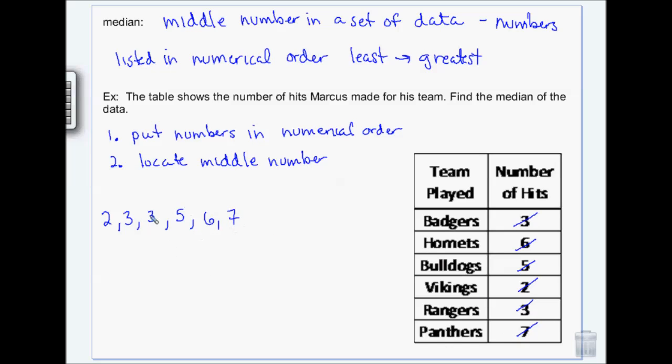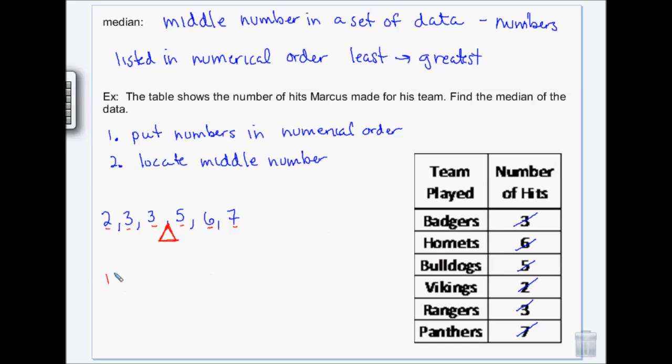Now I'm going to actually look at the middle number. If I start moving in from each end, well, my middle number should have been right here, in between the 3 and the 5. So I don't actually have a middle number.